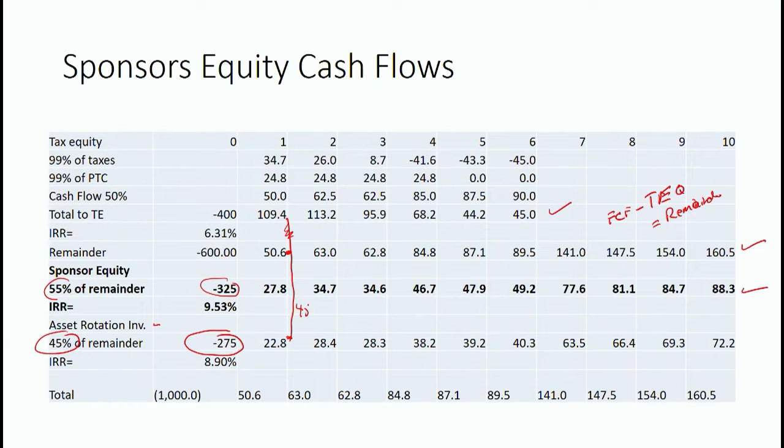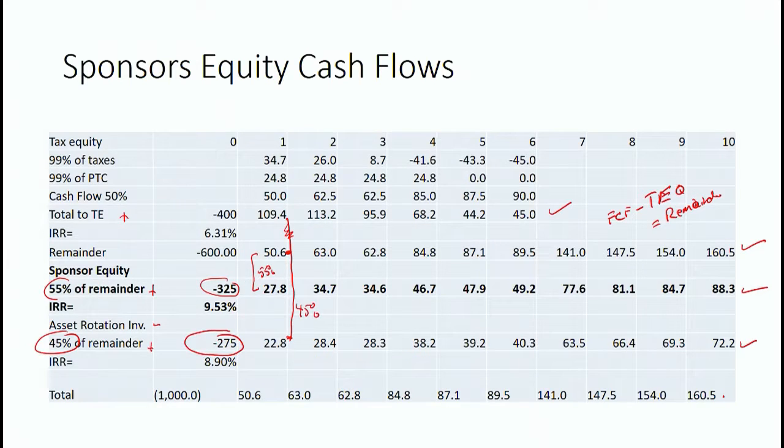So 45% here and 55% here. We're splitting up that remainder, and this would be the cash flows. Now if I add up the total to tax equity investors plus this, what I wind up with is exactly the totals for the free cash flow.